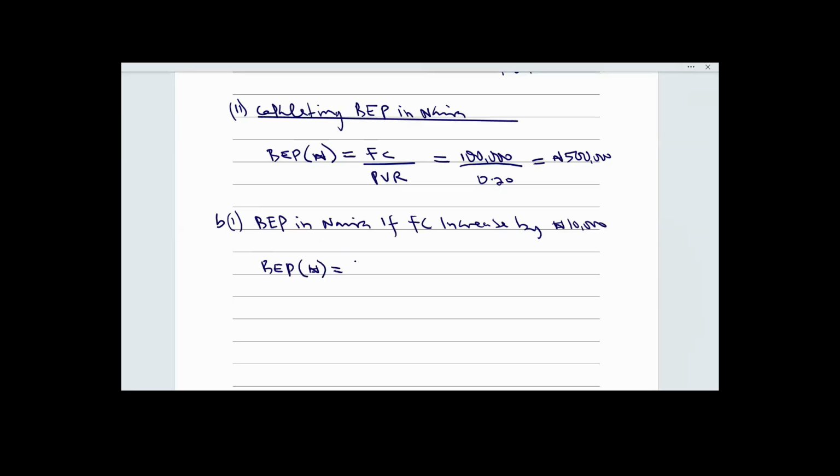The current fixed cost is 100,000 plus increment of 10,000 over PVR of 0.2. Examiner has told us that sales and variable costs will remain unchanged.